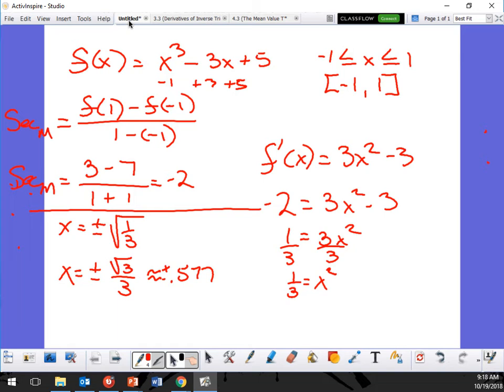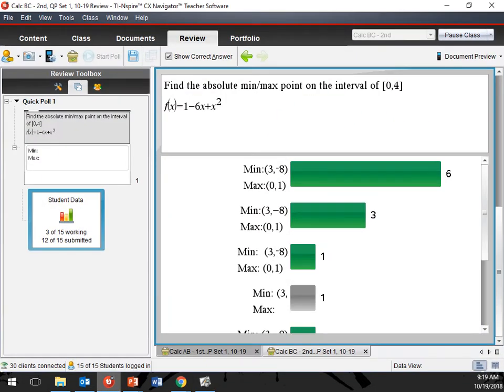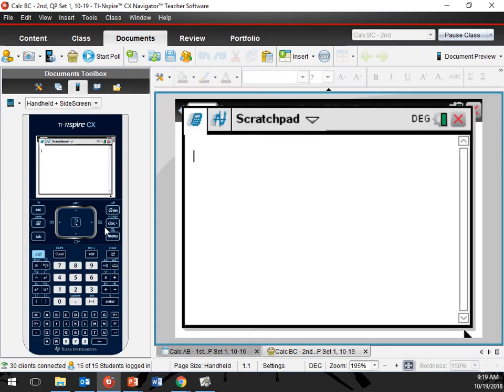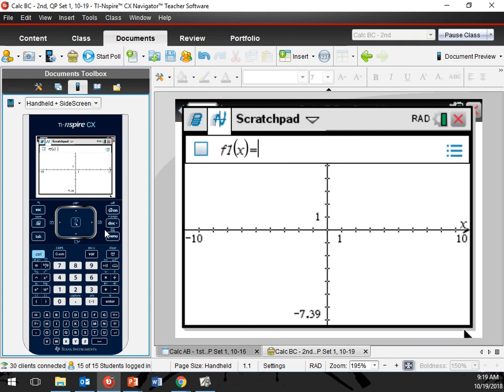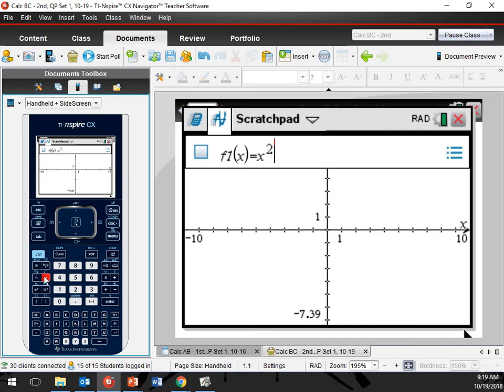Okay, now let's take a look at what our graph is going to look like on that. There we go. All right. Okay, and my graph is here, so it was x to the what? X cubed, right?